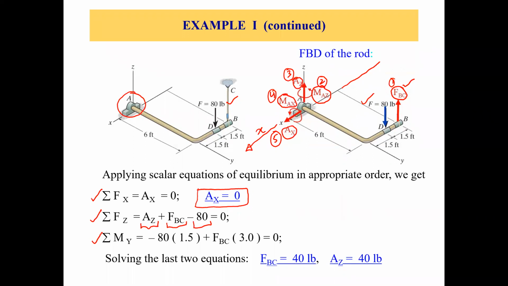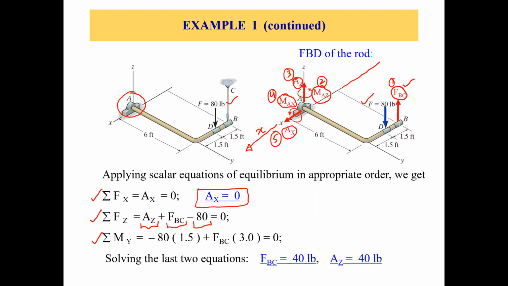How many moment components do we have around y-axis? AZ, we don't have any moment around y-axis. AX, we don't have any moment around y-axis, right? They are passing through y-axis, so there's no moment arm.